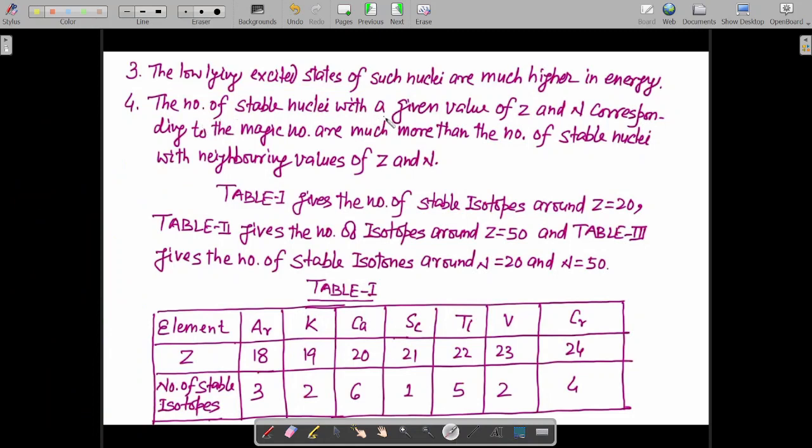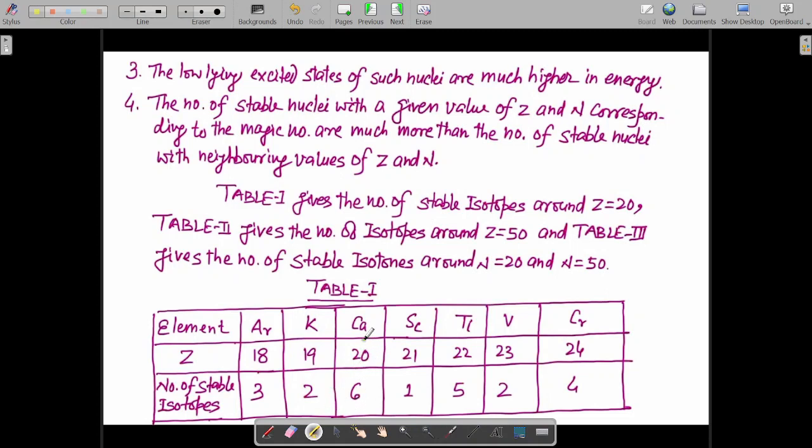That is the meaning of this: the number of stable nuclei, that is the number of isotopes or isotones, with a given value of Z or N corresponding to a magic number is much more than the number of stable nuclei with neighboring values of Z and N. For example, we can look over here.